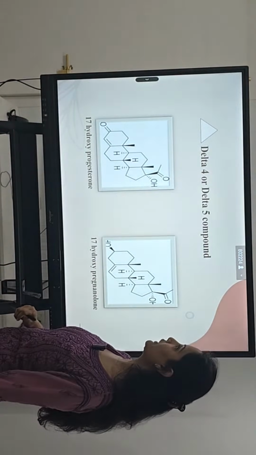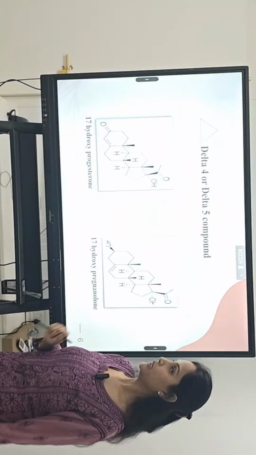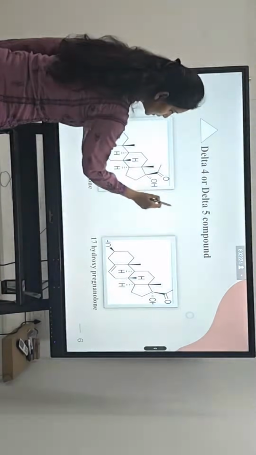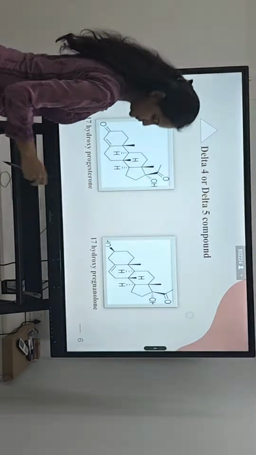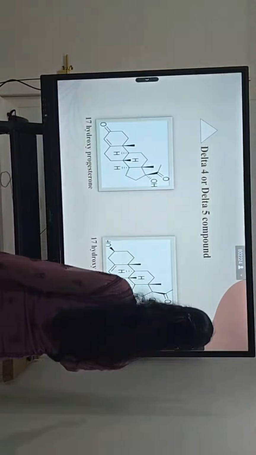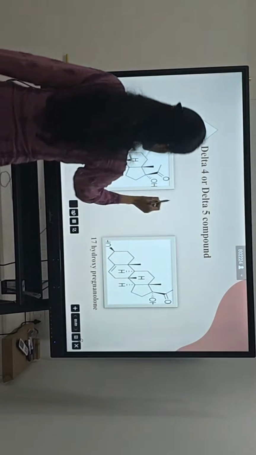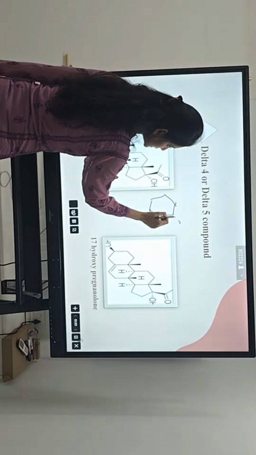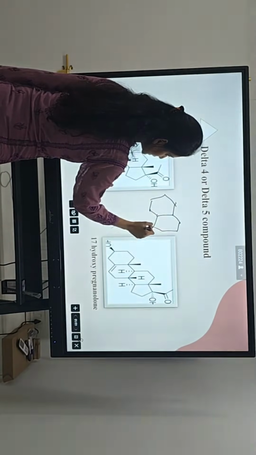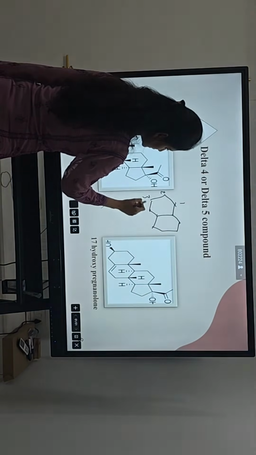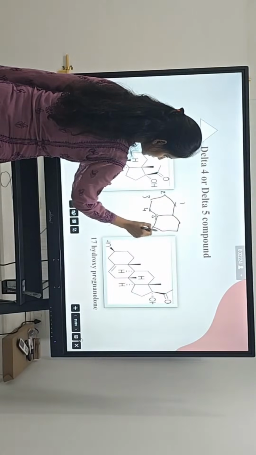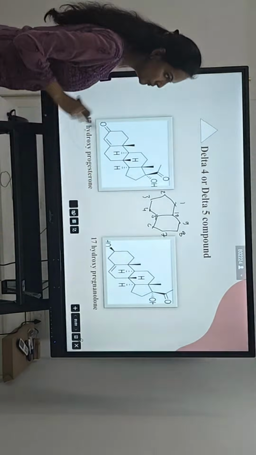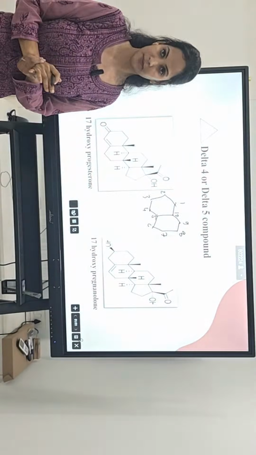What is delta 4 and what is delta 5 compound? Delta 4 compounds, see. See, this is one benzene ring. This is the other benzene ring. If we number it, 10. We all know benzene rings have some double bonds. Okay?